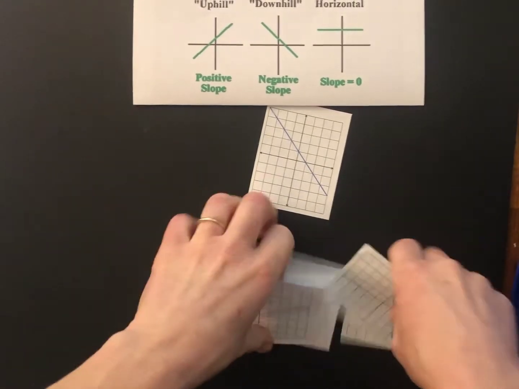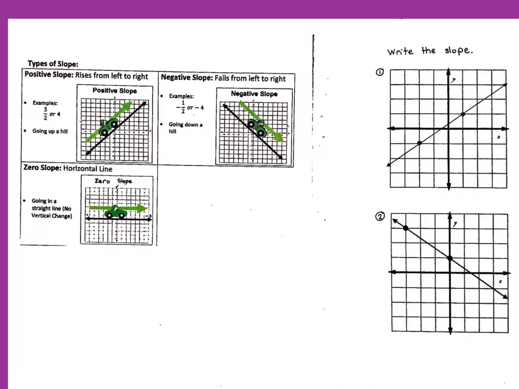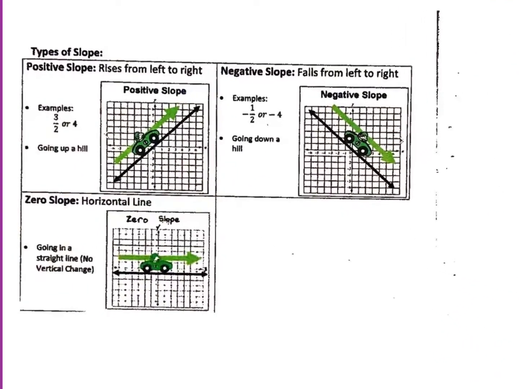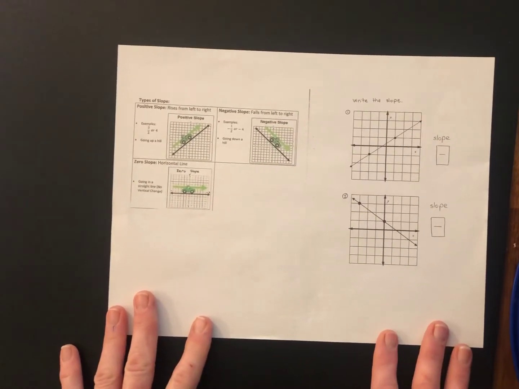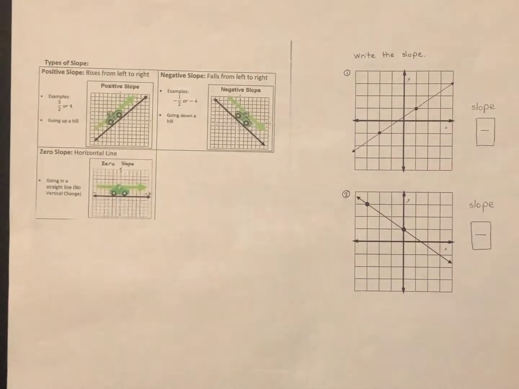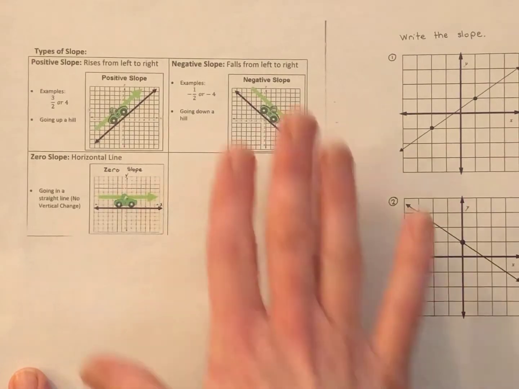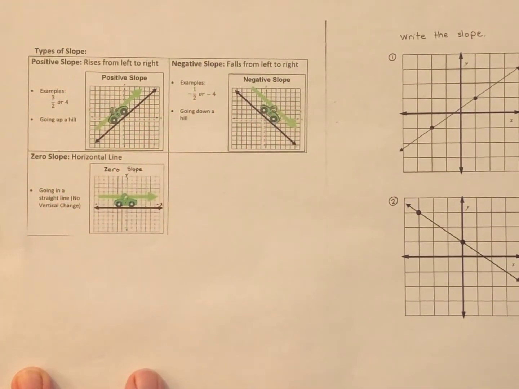Next, we're going to do a page together. Look at this. Look carefully at it. You see right here, you see a nice little image of the 3 different types of slopes.